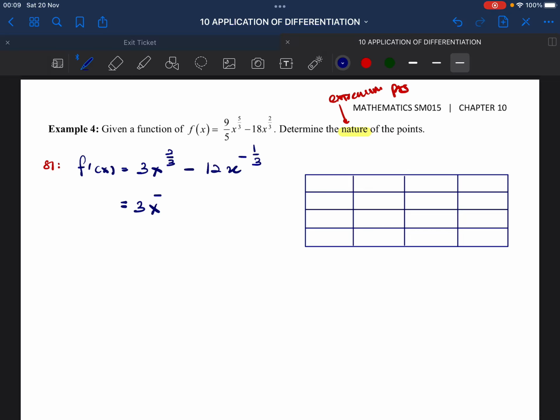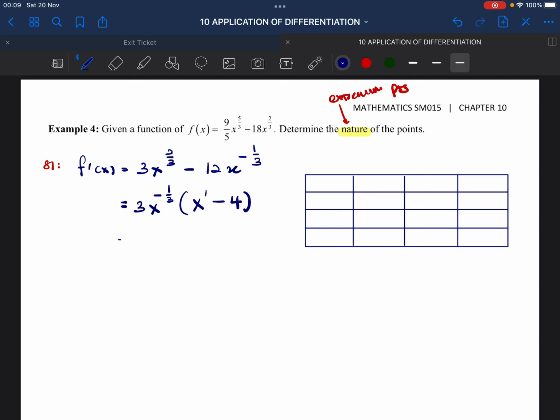So we are going to factorize x^(-1/3). Negative 1/3 plus what gives 2/3? Plus 1. So power 1 here. So here minus 4.